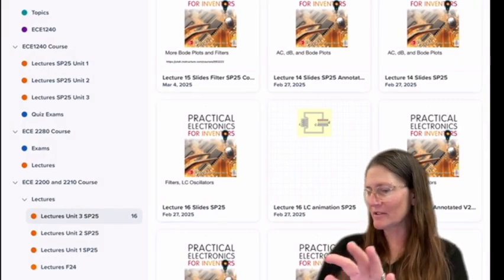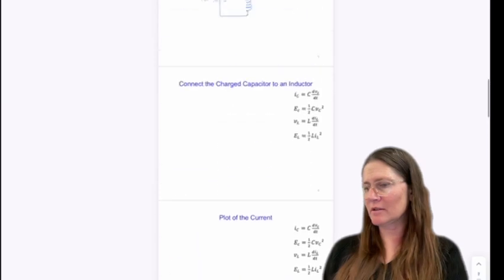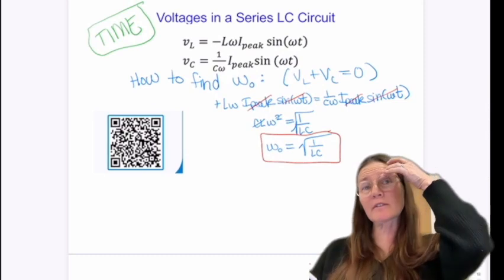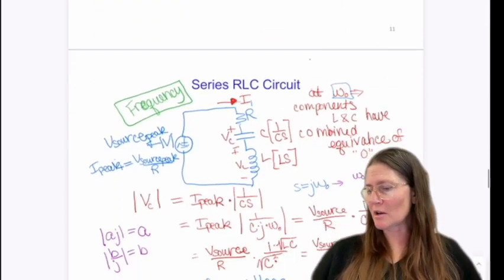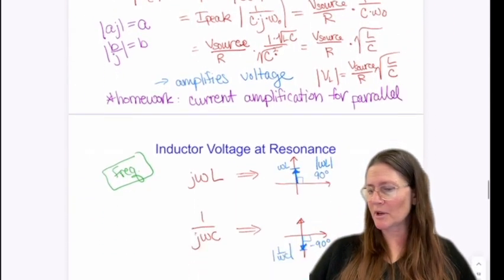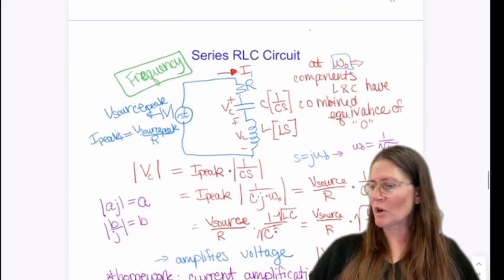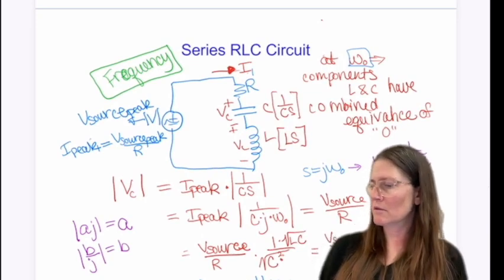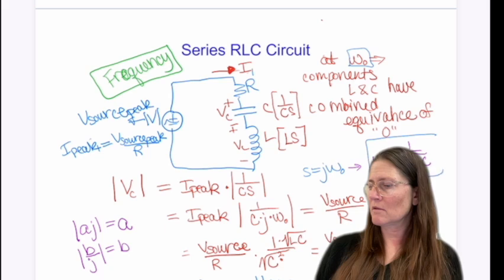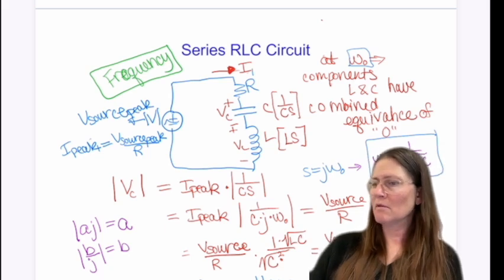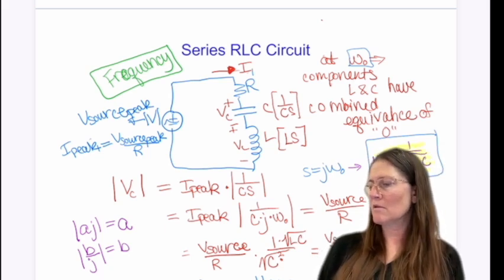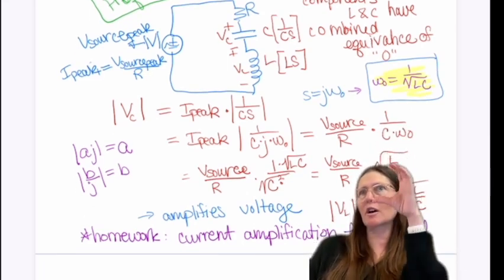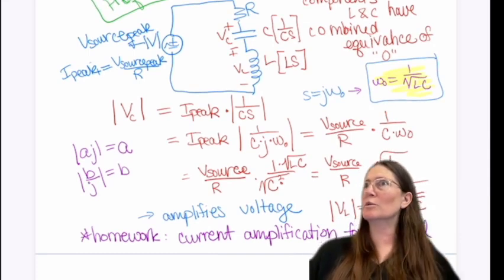The notes go 16, annotated. Remember when we derived this? We did it both in the time and the frequency, and they ended up being the same. It's 1 over the square root of LC. So your resonant frequency when you have a combination of them in series was 1 over the square root of LC.